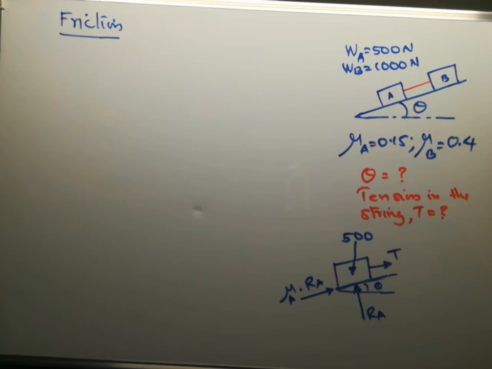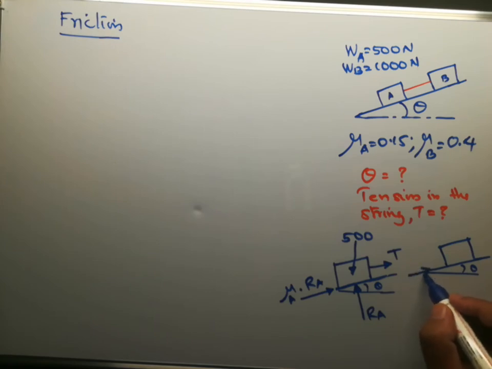Then what will be block B? The forces acting on block B on the same plane, inclined at theta, and this will be block B. Block B will also have a tendency to move down.